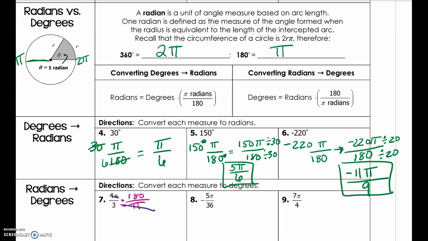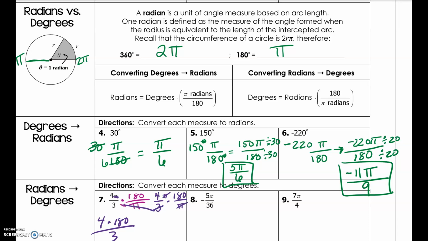divided by 3. So there's two ways you can approach this. You can approach this by saying 4 times 180 divided by 3. Or you can cancel out. So if you have the 4 over 3 times 180 over pi, the pi's cancel out.